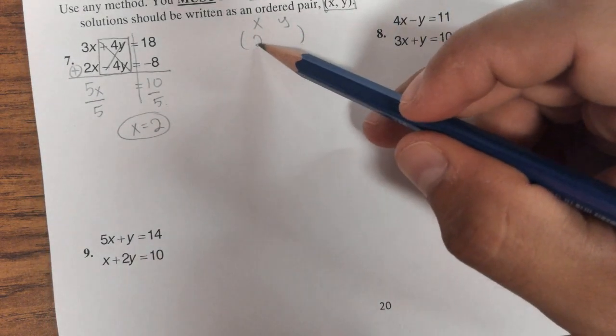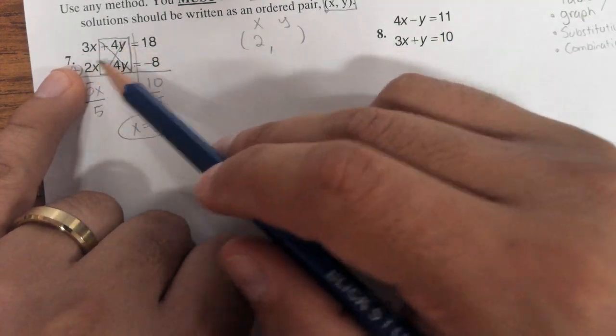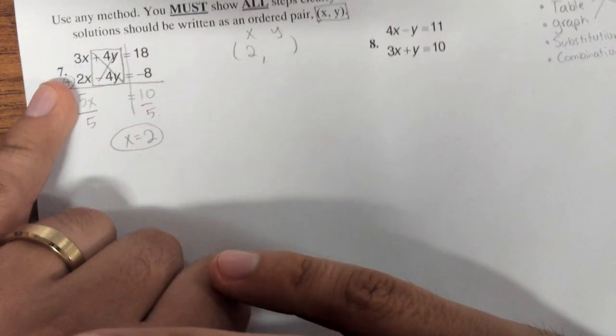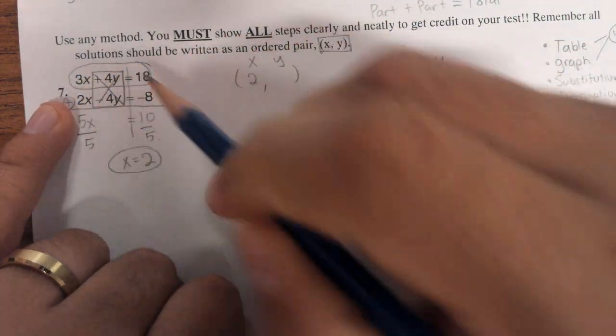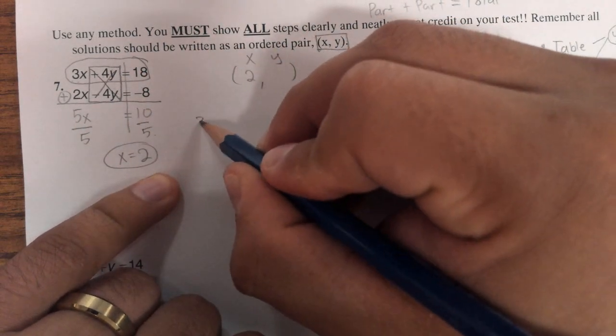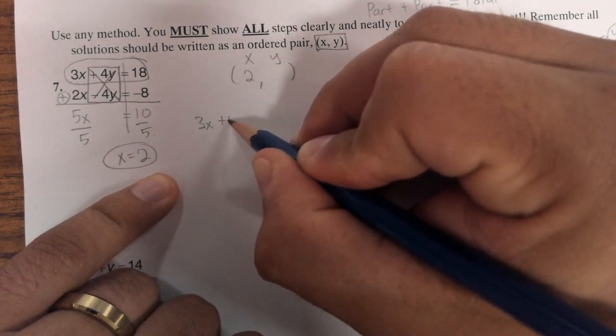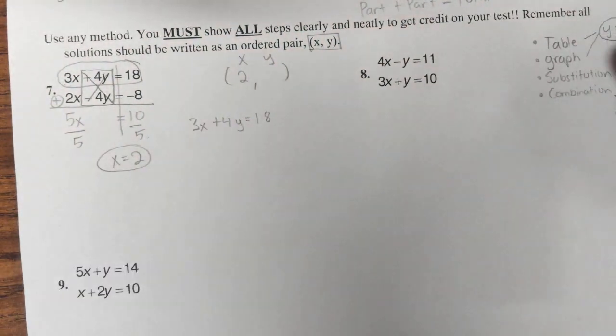Again, once we have the x value, we then go to the y value. I always tell my students, look at your x, look at your y. Try to pick the one that has positives so that you're not making mistakes with your negatives. So in this case, I would choose my top equation. I'm going to go ahead and rewrite it exactly as is. So we have 3x plus 4y equals 18.